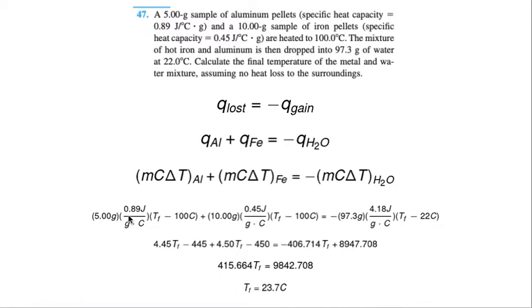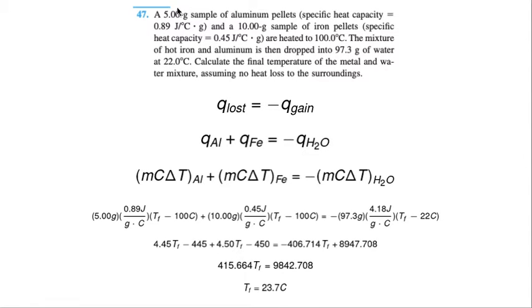And essentially at this point, we simply solve for our missing variable, T final, which will be the same for aluminum, iron, and water. And so we can rearrange, by adding and subtracting from both sides of the equation, and then we can divide both sides by this coefficient and solve for T final, which is close to 24 degrees Celsius.